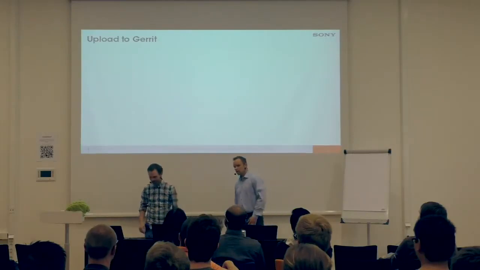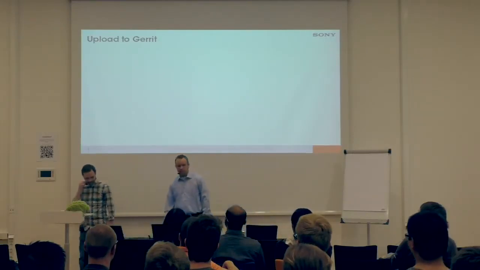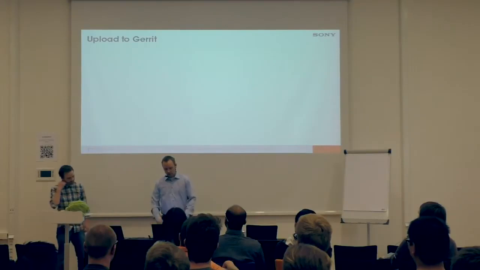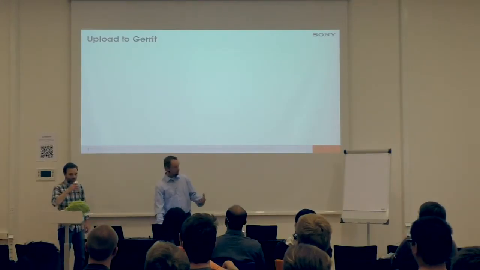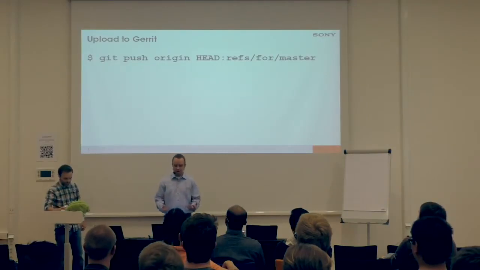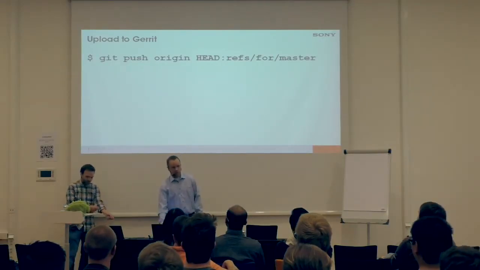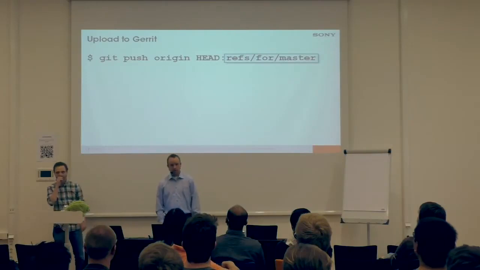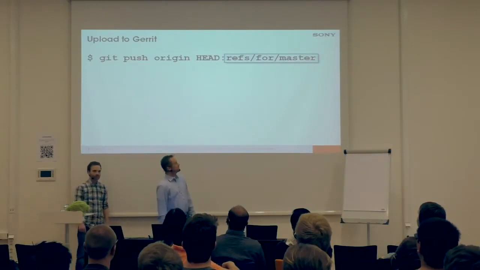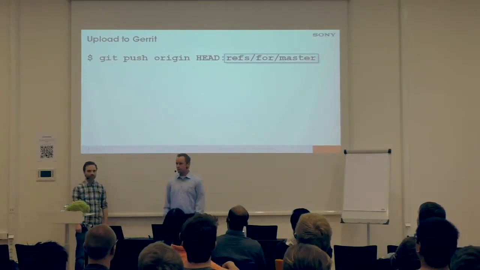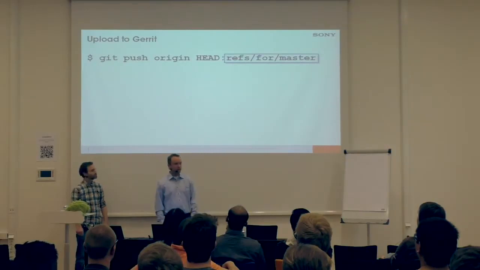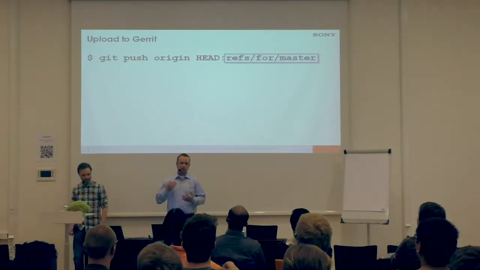Alright? So we're going to take a quick look at the interface that the developer interacts with in Gerrit. First of all, Gerrit is a Git daemon, so you use Git to upload code to Gerrit. Those of you who are familiar with Git but not with Gerrit may find this reference rather strange. It should say refs/heads if you have a namespace for branches, but refs/for is a Gerrit namespace that works like an API.